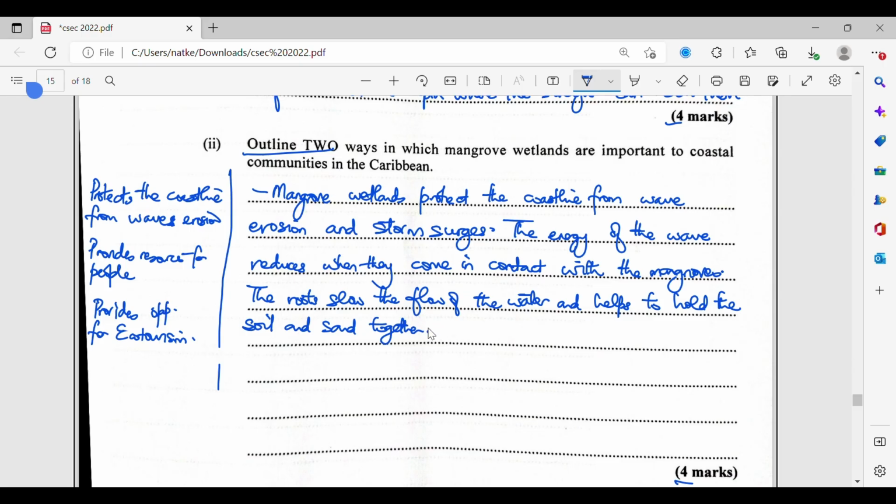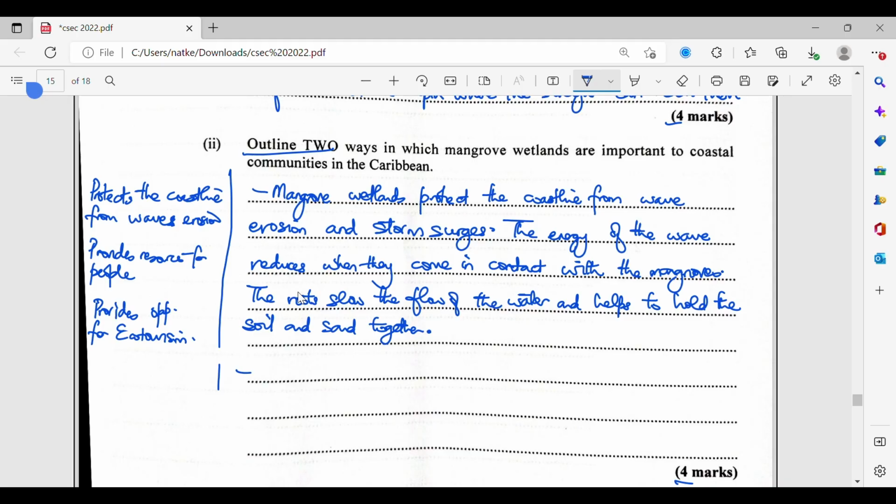We can also do the one that says mangrove provides resources for people. We would only need to be talking about what kind of resources it provides for people. So we can mention that it provides shrimp, crabs, seafood, other seafood, wood for charcoal, sometimes, unfortunately, building materials. It provides all of those resources for persons as well.